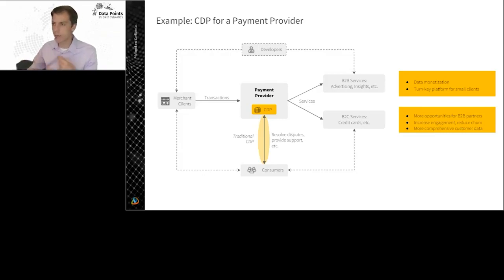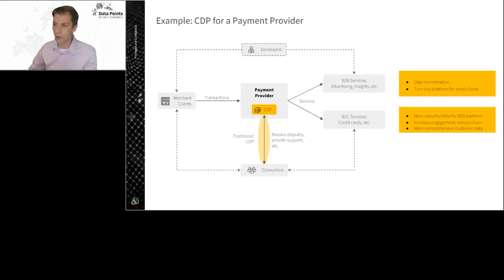For example, a provider can start to build advertising services that provide different types of insights or offer personalization recommendations to the merchant clients, as well as developers of different types of applications and enhancements on top of their platform. And this way, they can monetize data, they can build a more comprehensive infrastructure around their core service, which is payment services.